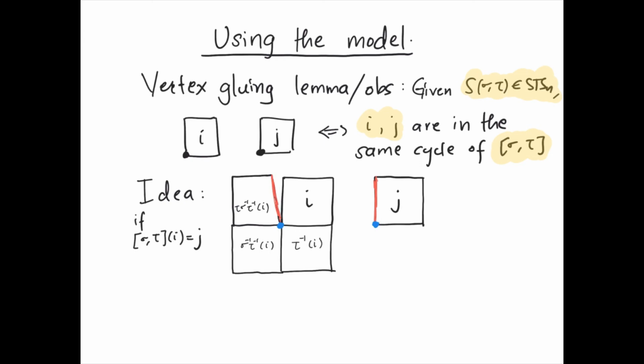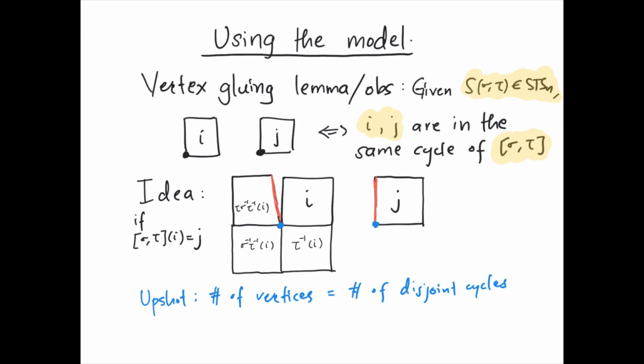And similarly, you can work the other way around as well. Now the upshot of this is that the number of vertices is equal to the number of disjoint cycles of the commutator, because every vertex has a representative that is the bottom left of a square.